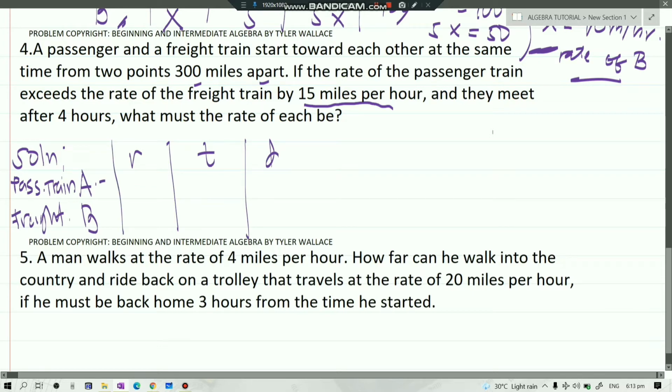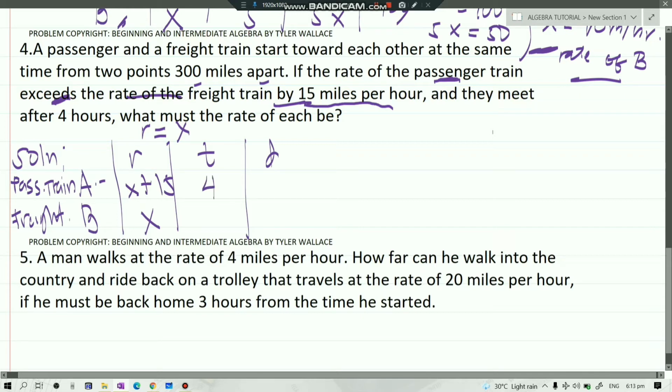If the rate of the passenger train exceeds, sabihin nagdagdag, the rate of the freight by 15 miles per hour, so if we let our rate be x, so that is x plus 15. Okay? And x is the rate of B. And ano yung time natin dyan?